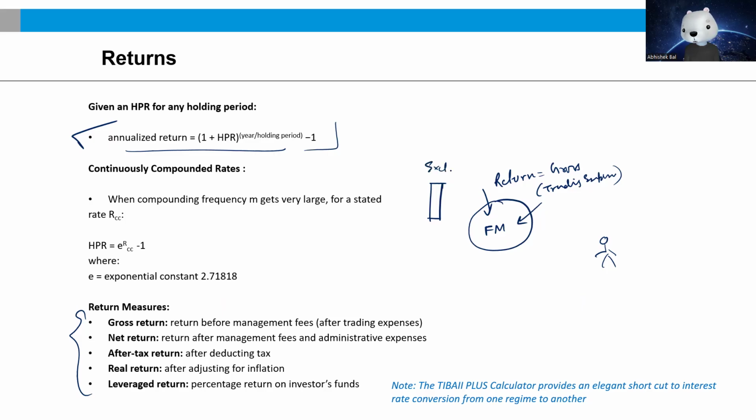So there are certain exchange fees, and those exchange fees are inclusive of the gross return. The net return is the return calculated after the management fees and administrative expenses. Of course, this fund manager is not running a charity. There are going to be fees and administrative expenses. Those are deducted, and that's what is known as the net return.